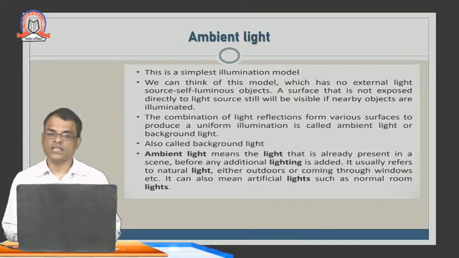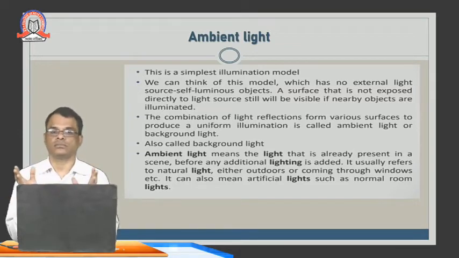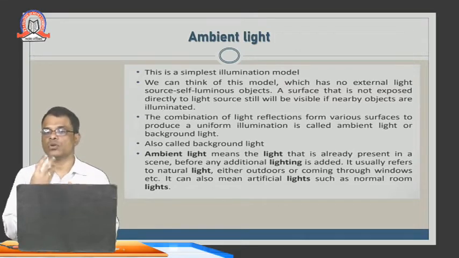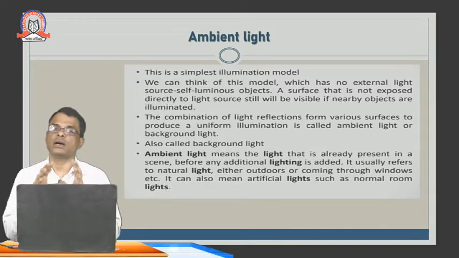If the surface is not exposed to the light source, but the nearby surfaces are lit, then automatically that surface where the light is not falling is also visible. So you can consider a cube: on the back sides of the cube the light is not falling, so they look darker, but when we see the image, we see the complete object.